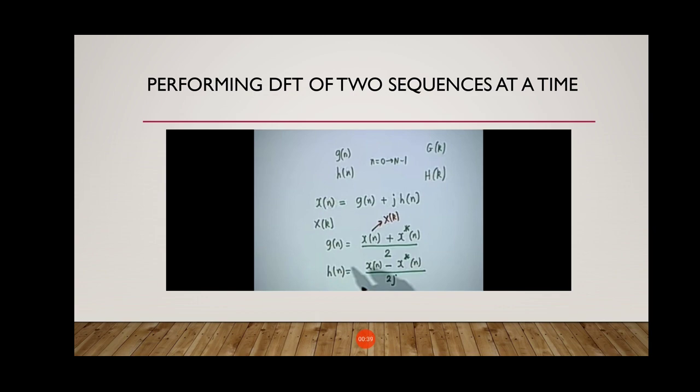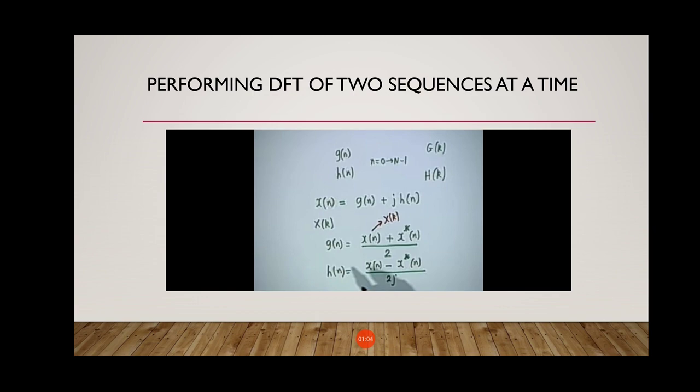First of all, we have to get a sequence which is g(n) plus j h(n). That means we are intentionally making a complex sequence x(n), which will be equal to g(n) plus j of h(n).